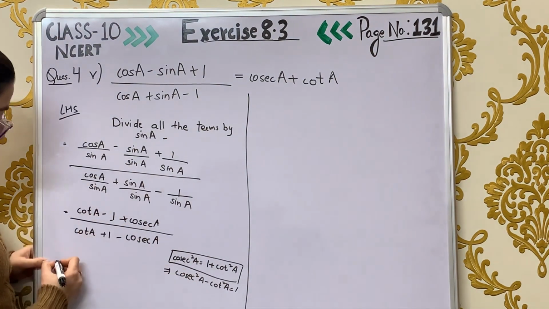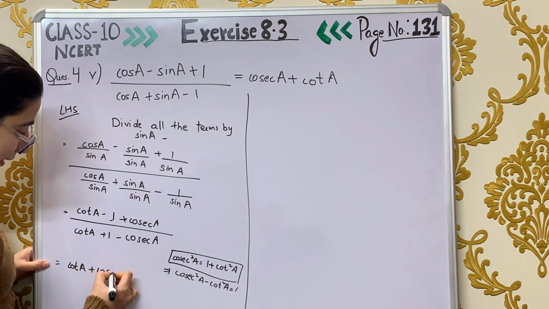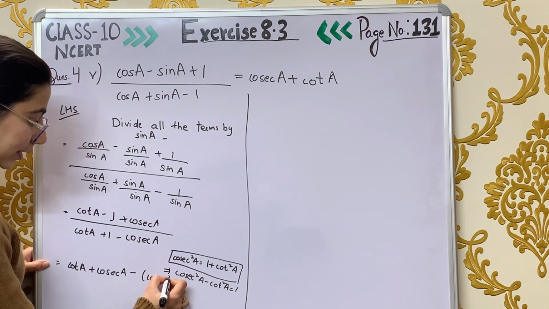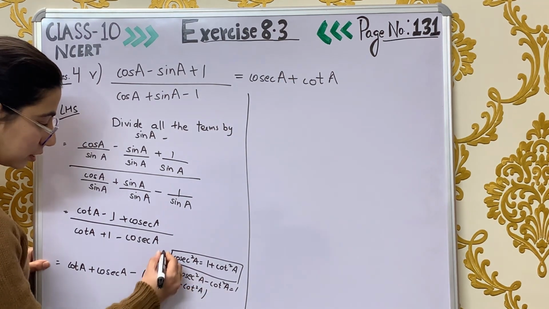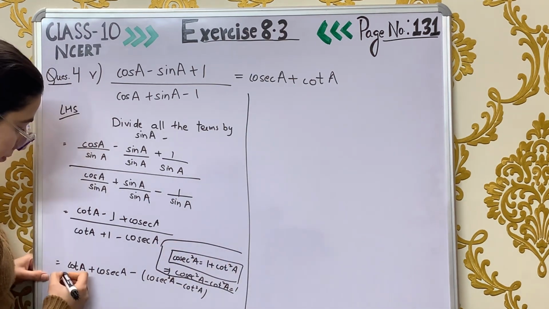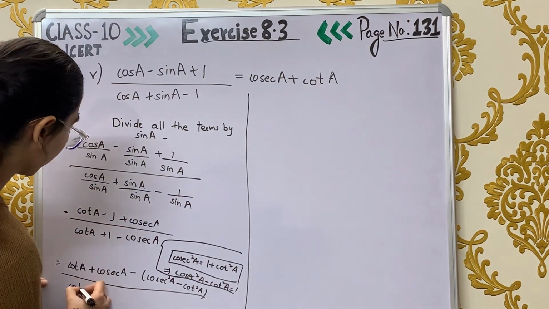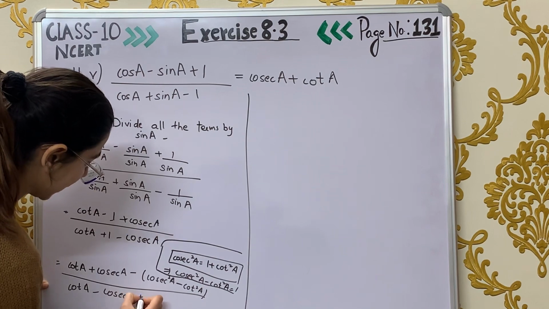We get cot A plus cosecant A minus cosecant square A minus cot square A, right? And the denominator will remain the same, that is cot A minus cosecant A plus 1.